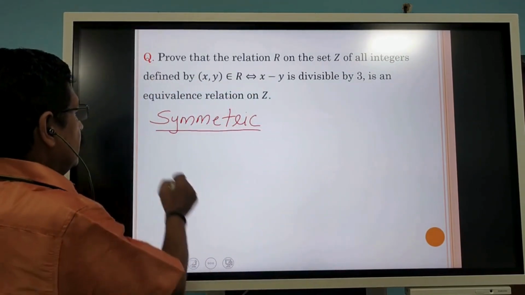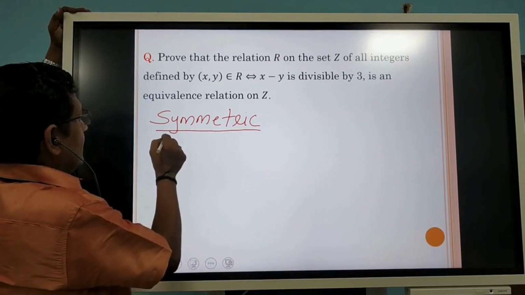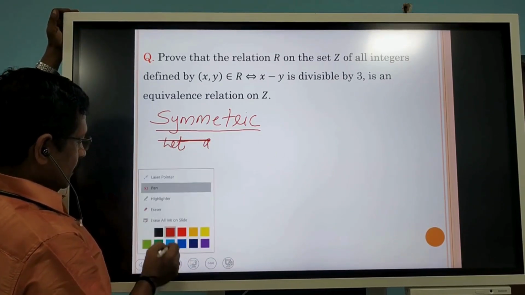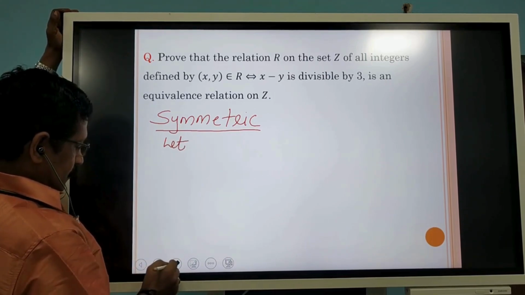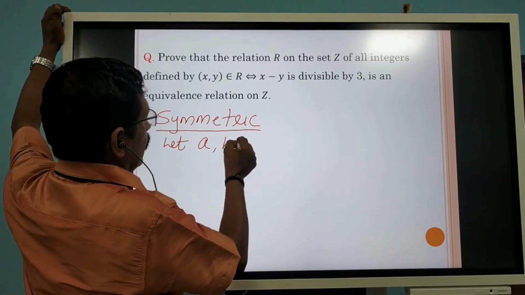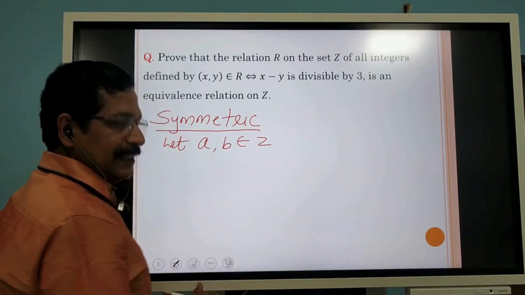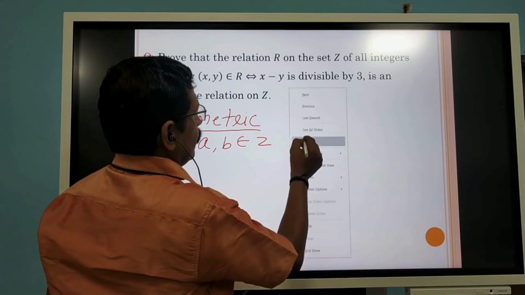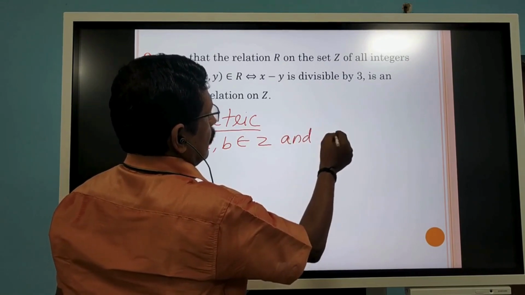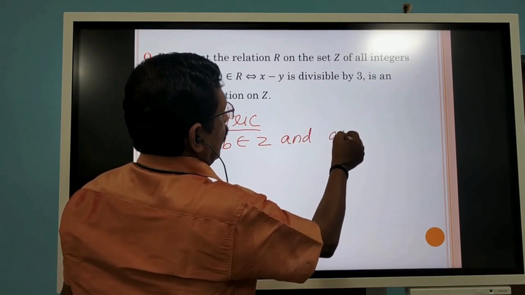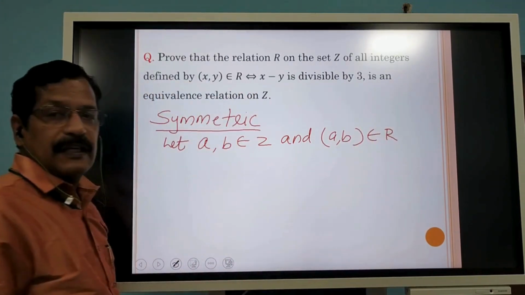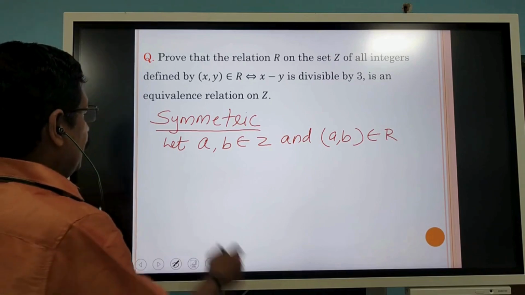So, I am taking two elements a, b, two arbitrary integers, and a is related to b, ordered pair (a, b) element of R. Now we have to get b is related to a.